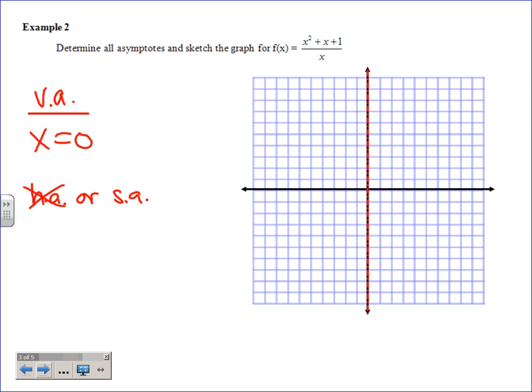Now, how do you find it? That's the tricky part. And the part that some of you are probably going to not like. To find the slant, you do what the problem says. It says to take this and divide it by that.